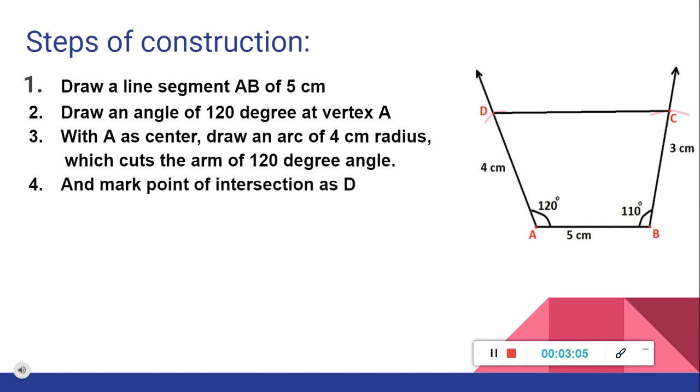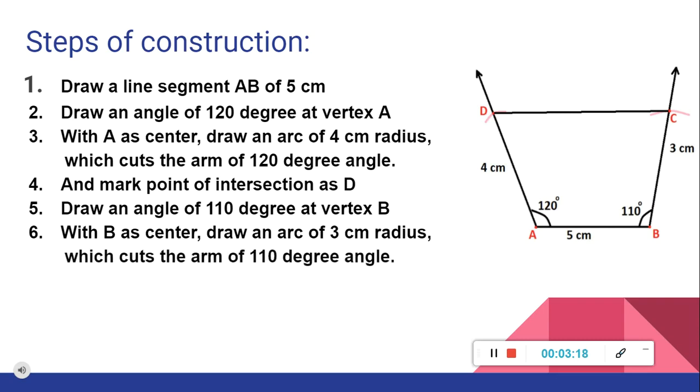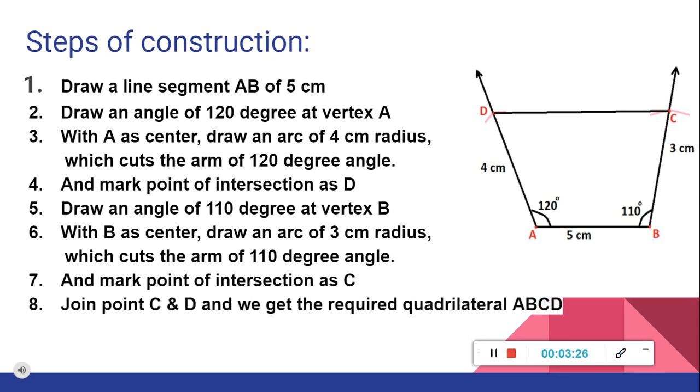Fourth, mark the point of intersection as D. Fifth, draw an angle of 110 degrees at vertex B. Sixth, with B as center, draw an arc of 3 centimeter radius which cuts the arm of the 110 degree angle. Seventh, mark the point of intersection as C. Now we can join C and D and we get the required quadrilateral ABCD.